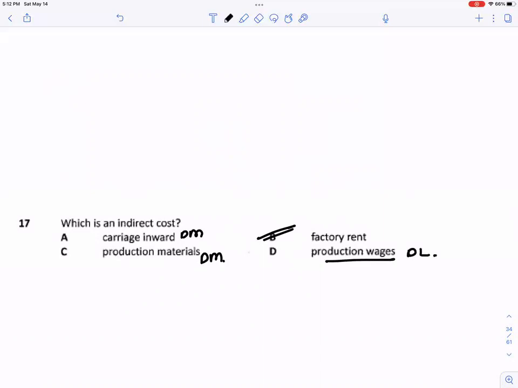Isn't factory rent also a direct expense? No, a direct expense is something that is directly related to the product. Directly related to the product would be raw material. If it is wages of the production worker, then direct labor. And direct expenses are only two. What are the two things in direct expense?